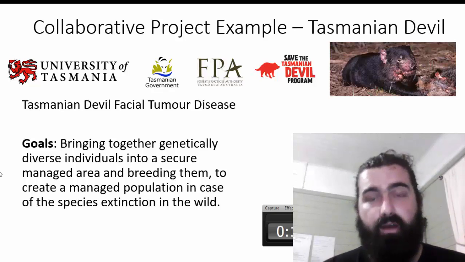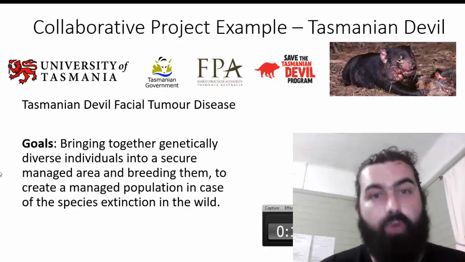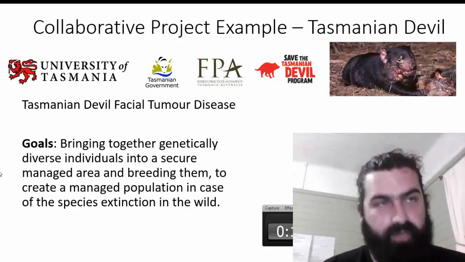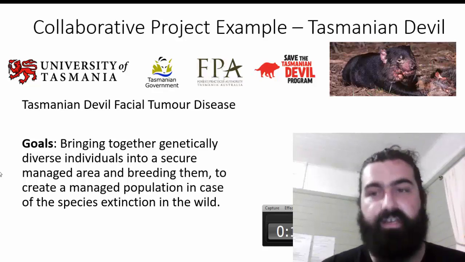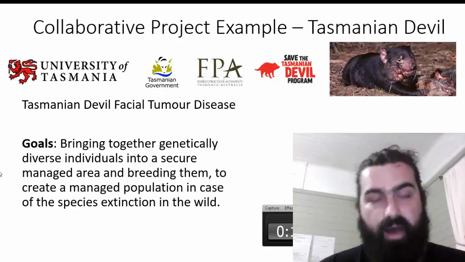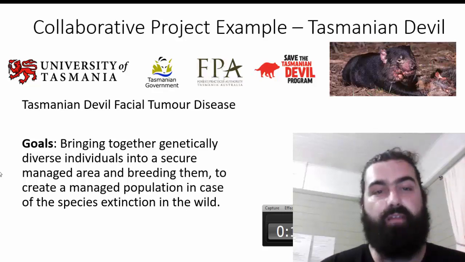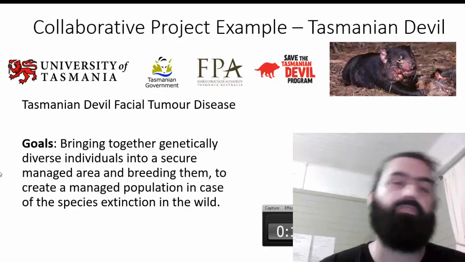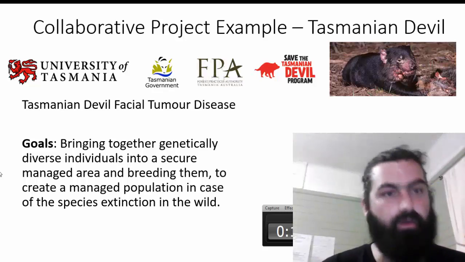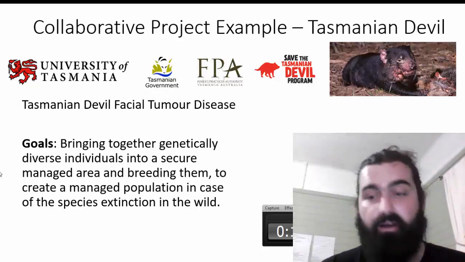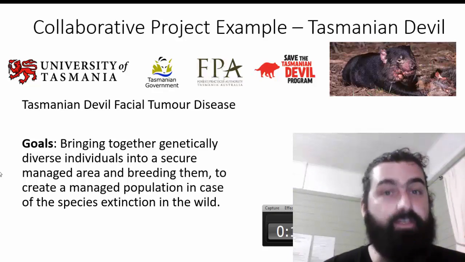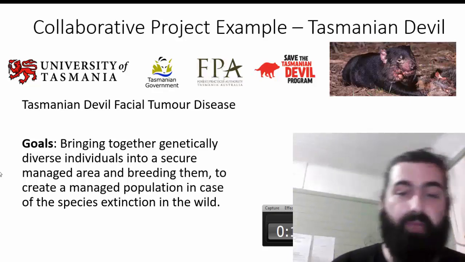It's really important that we understand that this conservation project, a project whose goal is to conserve the Tasmanian devil, is using genetic data to do so. Now, getting genetic data is not something that a lot of government bodies would have access to. They need to use laboratories. So they're going to be contacting the University of Tasmania to use their facilities and their expertise in order to get that information.